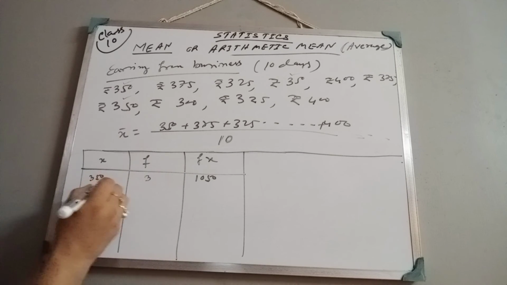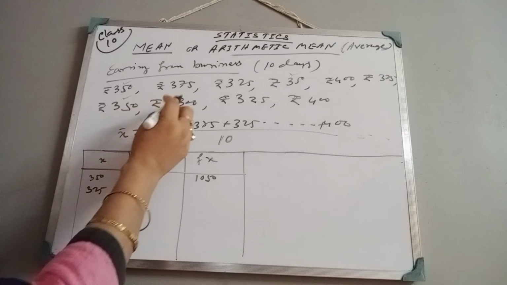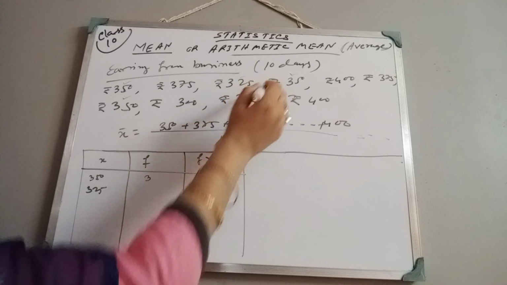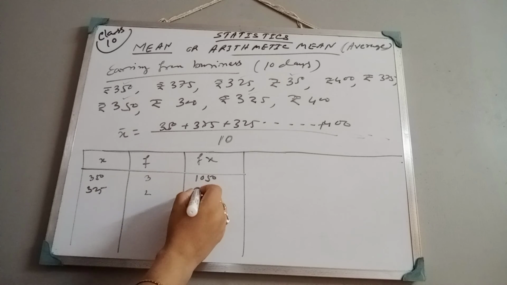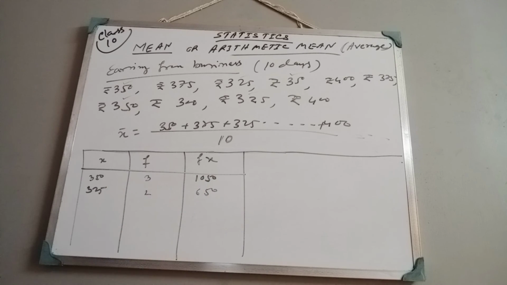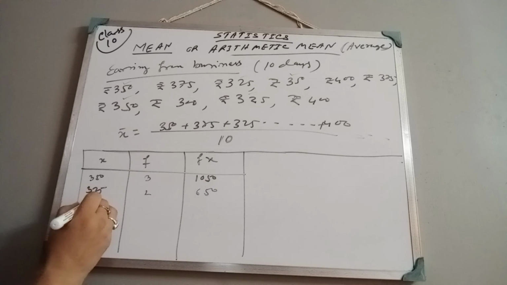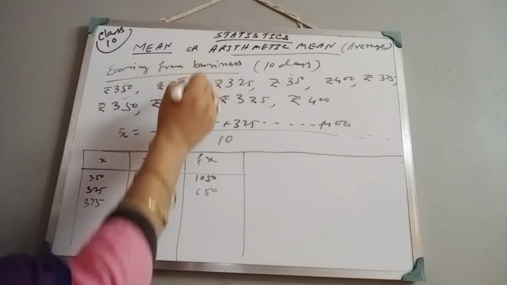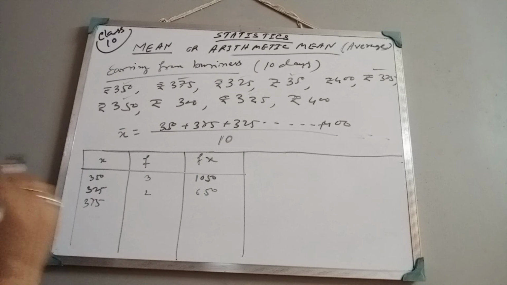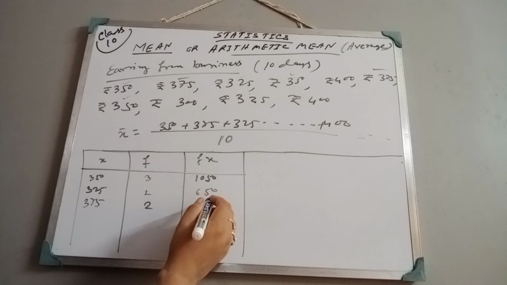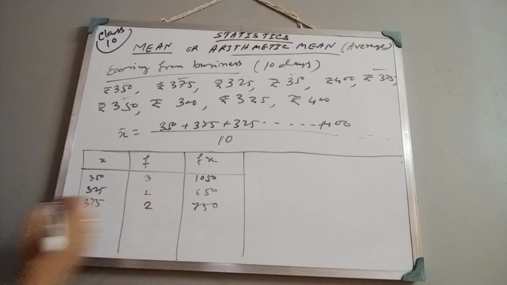Similarly for 325, there are 2 days, so the frequency of 325 is 2, and it comes to 650. Next is 375, for 375 there are 2 days, so 375 into 2 gives us 750.